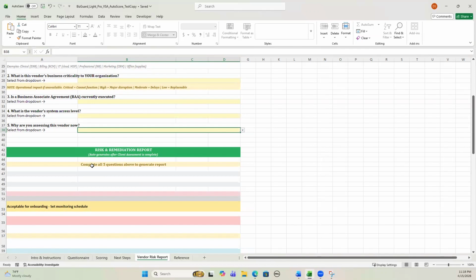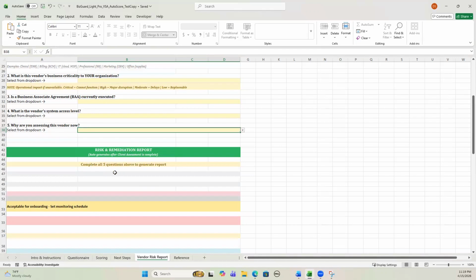Grade D will show escalation required, executive review required, and do not proceed without a sign-off. The next grade, E, would suggest replace at renewal. Replaceable vendor, replace at the next contract renewal. And then the last grade, F, is out of scope, minimal risk, no sensitive data, and no system access.